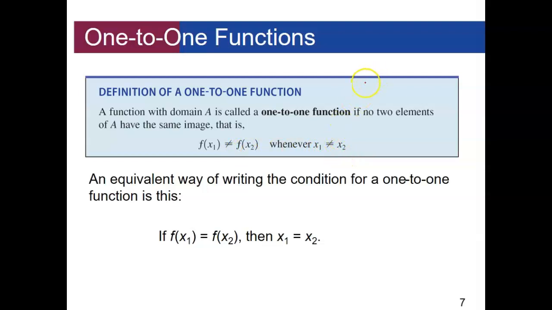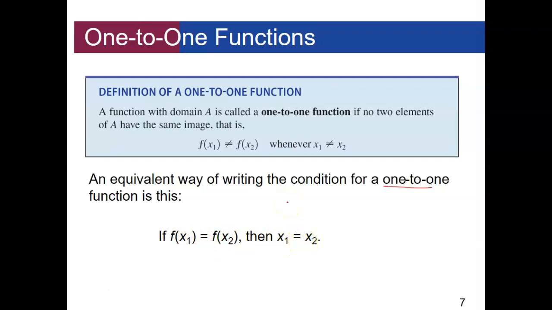One way we can check if something is one-to-one is by assuming that the two function values are equal and then showing that the x's had to be equal as well. So the condition is: if f of x sub 1 is equal to f of x sub 2, then x sub 1 had to be equal to x sub 2.